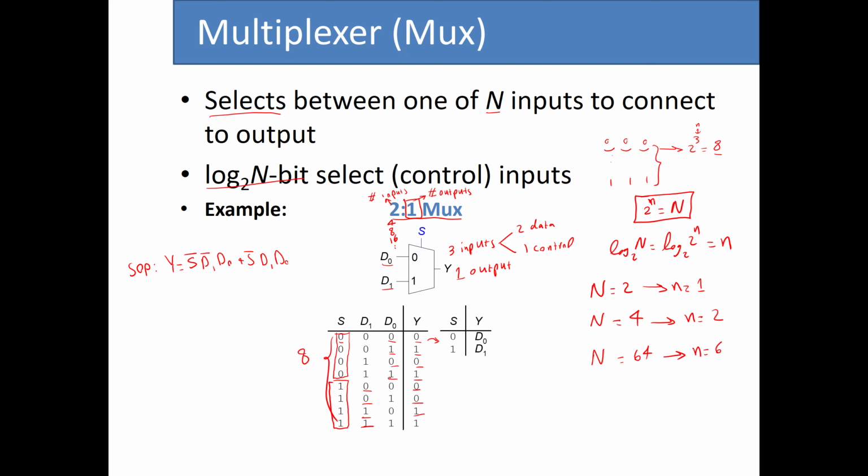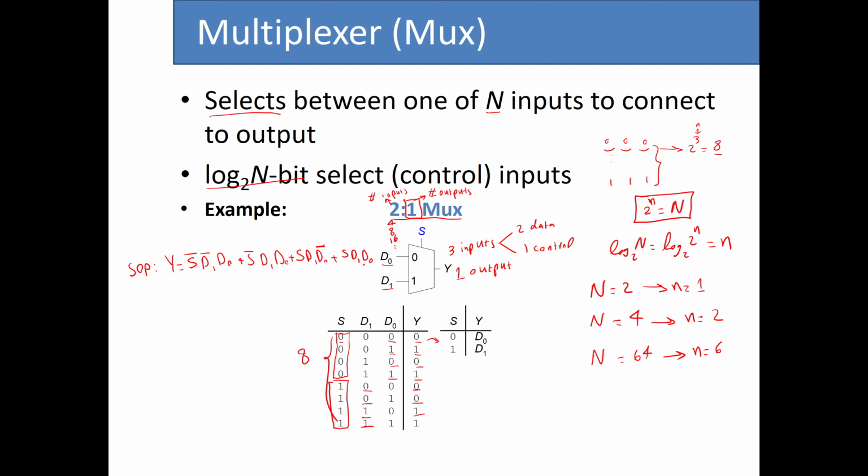So this is for this row. Then plus, for this row, it is S, D1, D0 bar, and then finally for the last row it is S D1 D0.